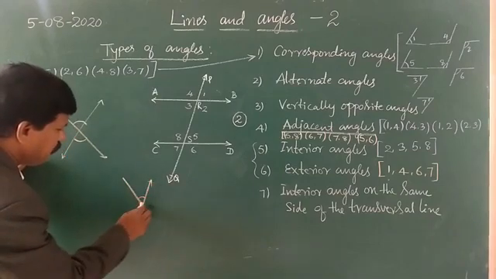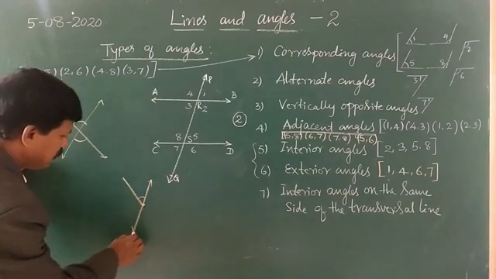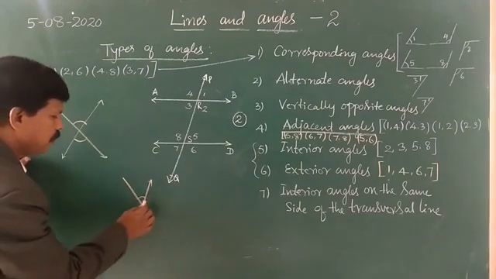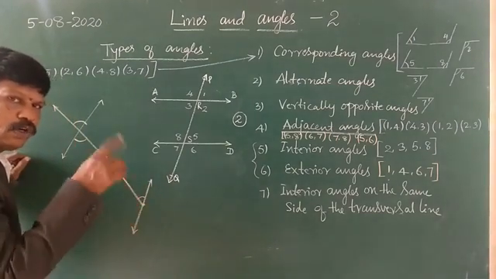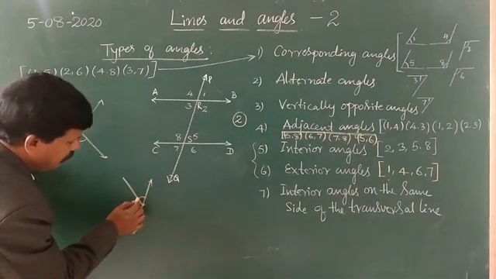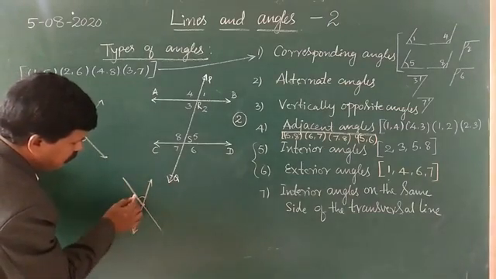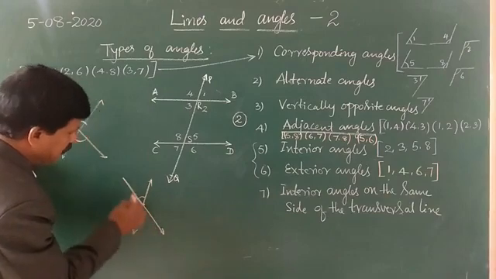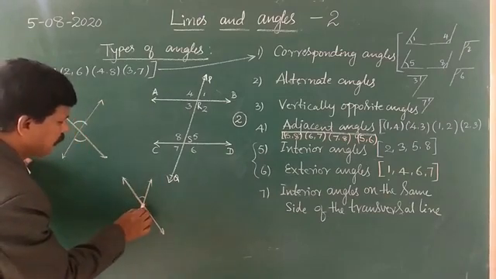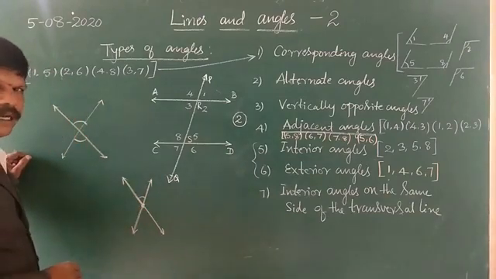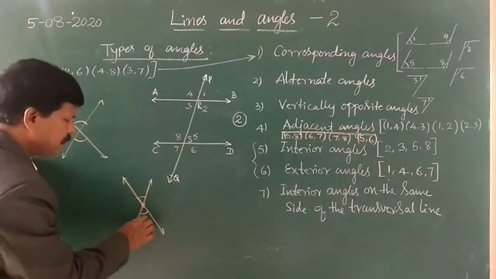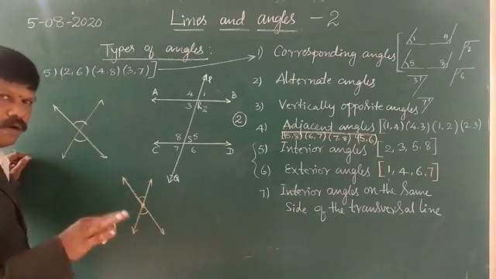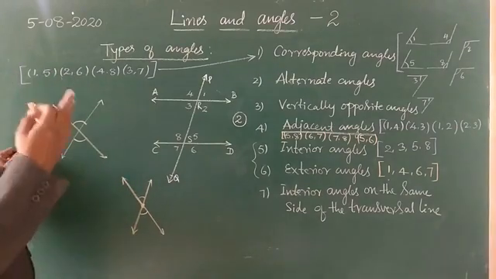This is the common vertex. Look at this ray and this ray, they are opposite to each other. Similarly here, if I extend this line like this, this ray and this ray have the common vertex. This angle and this angle are called vertically opposite.